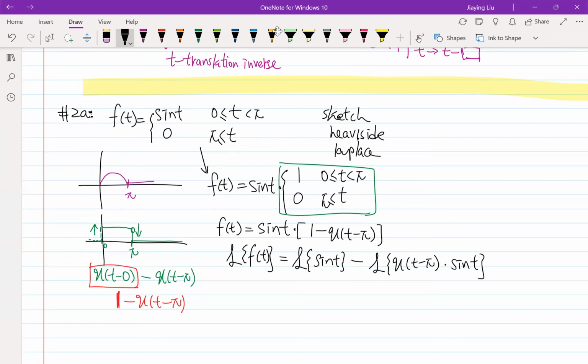So here, the first part, like I said, I'm confident that you can find what that is. Now the second one, because we have a u there, that's a t translation, right? So let's pull that out. So that's going to be e to the negative pi s, and then the Laplace transform of sine t, but with t replaced with t plus pi.